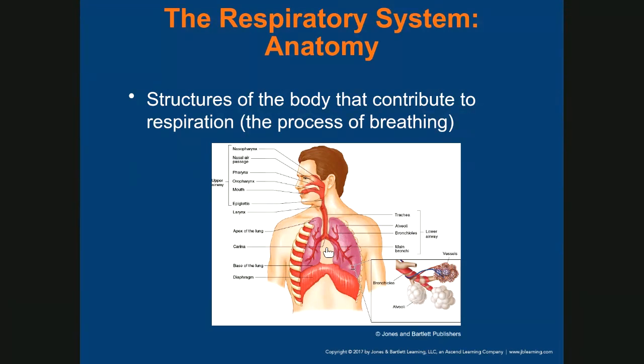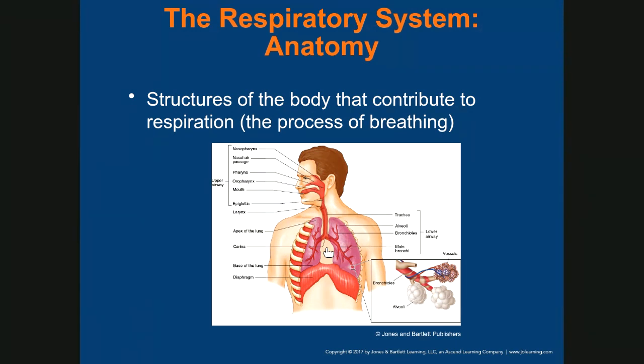So the lower airway is responsible for receiving air and transporting that air that contains oxygen down to the level of the alveoli, where it will diffuse into the blood that is coming from the right side of the heart, right? And that blood becomes oxygenated and is then returned to the heart and circulated to the rest of the body.